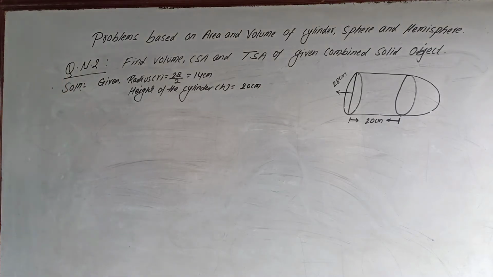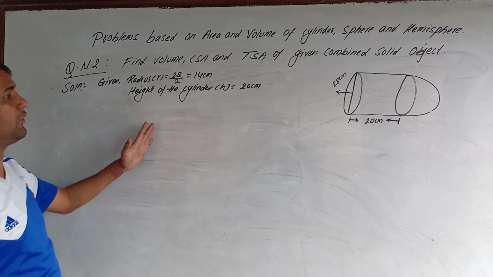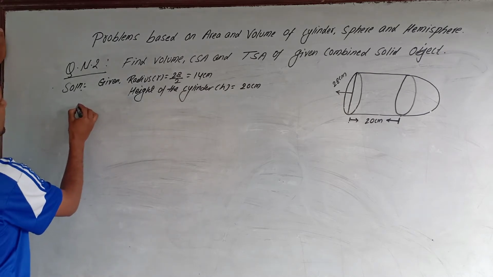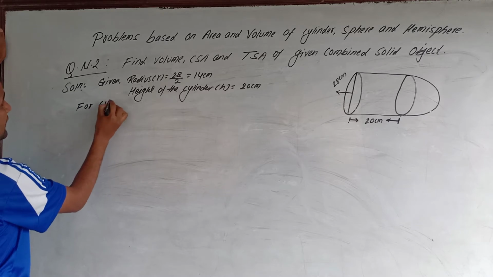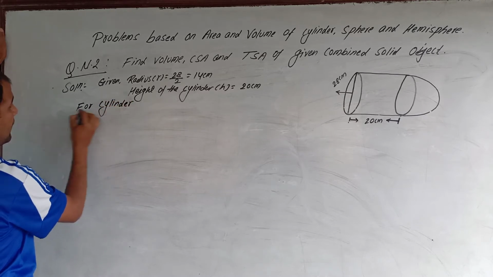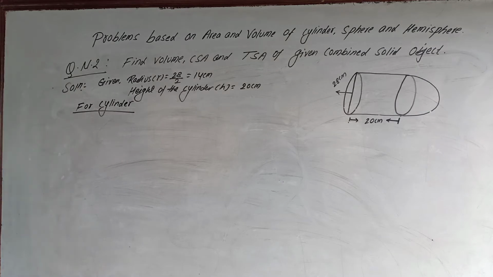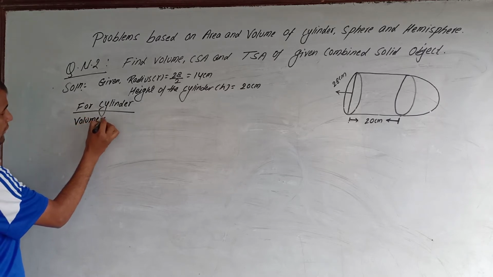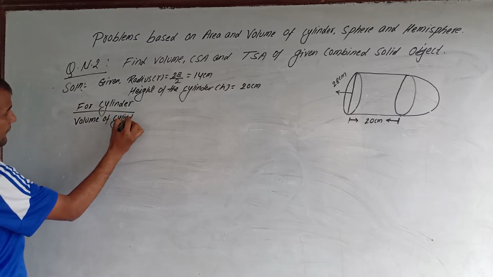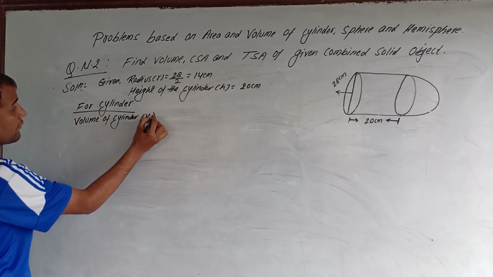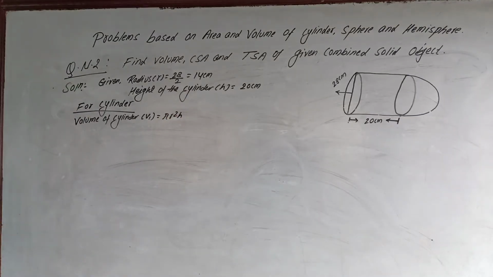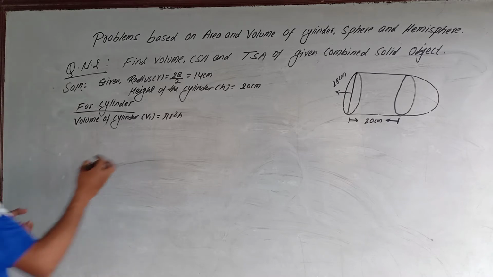So to find the volume, CSA and TSA, firstly we should find the volume of the cylinder and hemisphere. We write here for cylinder, volume of cylinder, we write here V1. V1 is equal to pi r square h. Volume of cylinder is equal to pi r square h.